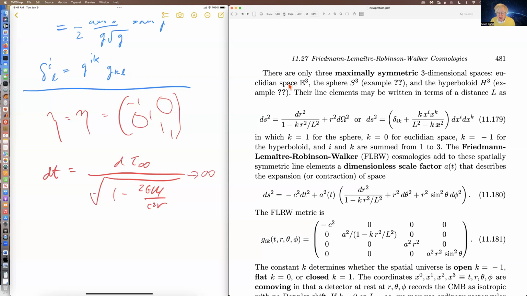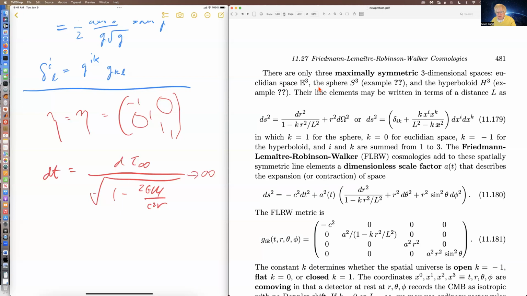three spaces. And what Robertson and Walker quite brilliantly did so long ago was to say that our universe being homogeneous and isotropic, the space part must be a maximally symmetric three space.